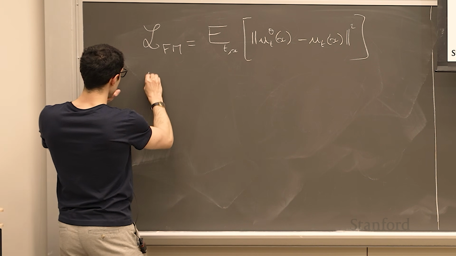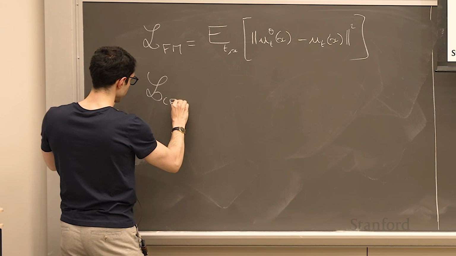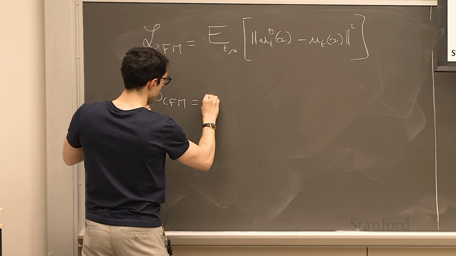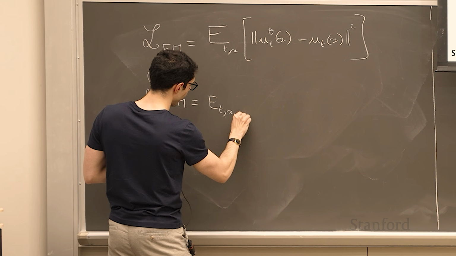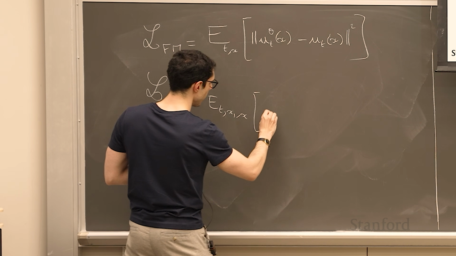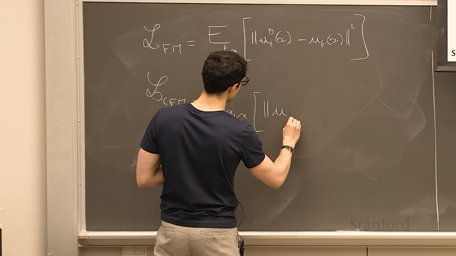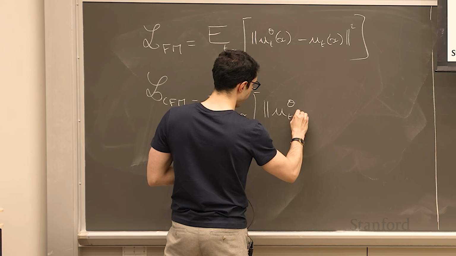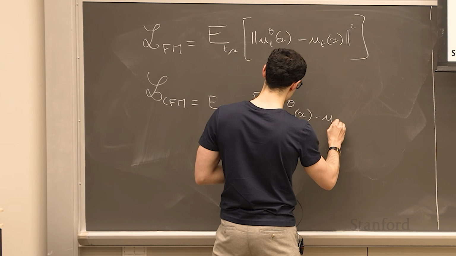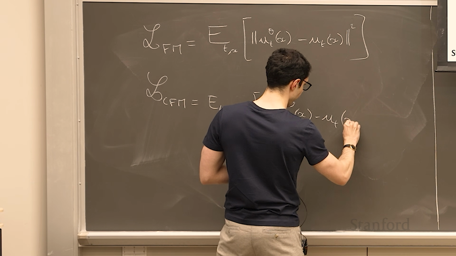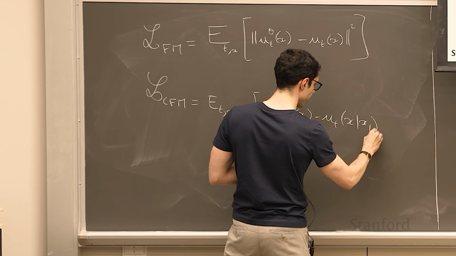So what we're saying is that optimizing for the loss above is the same as optimizing for the conditional flow matching loss, which is this one.